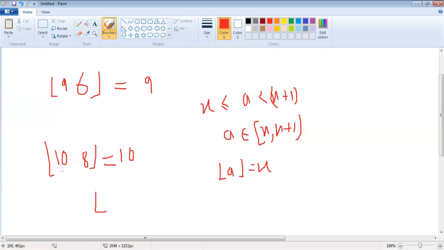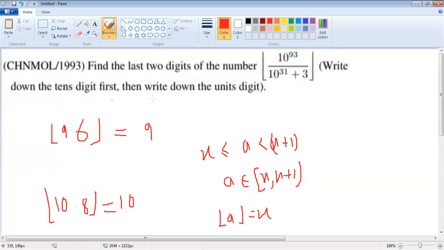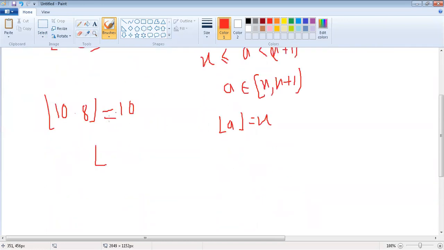In case of negative numbers, GIF is defined to be the greatest integer less than or equal to x.